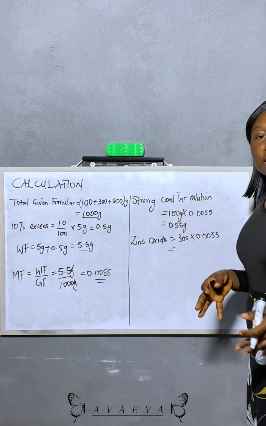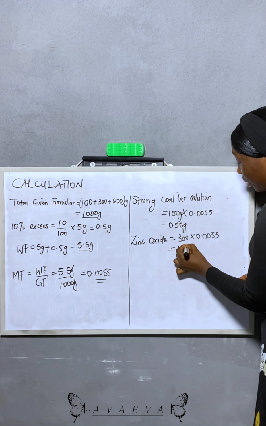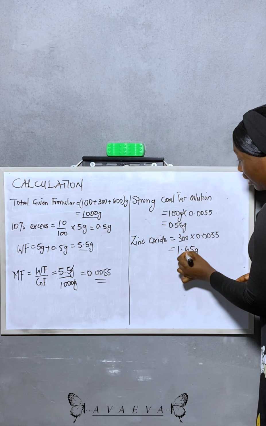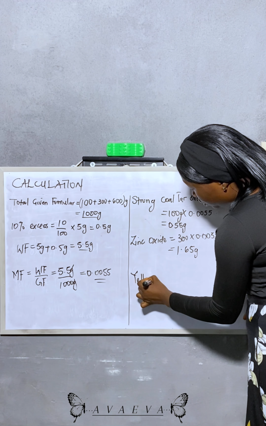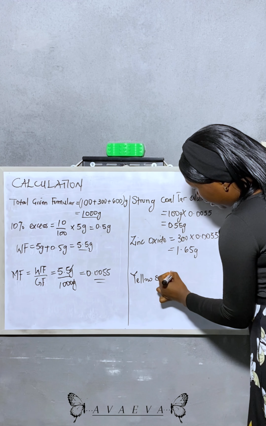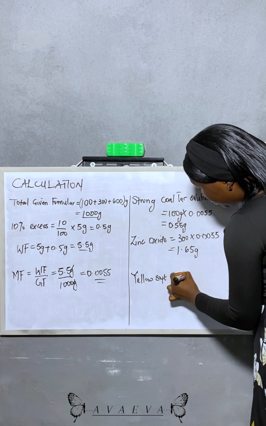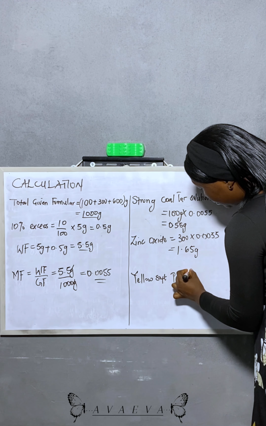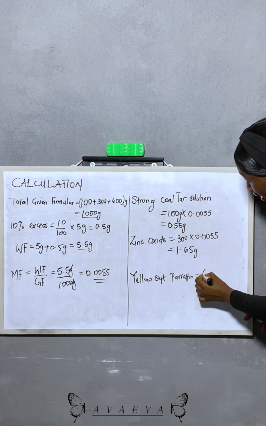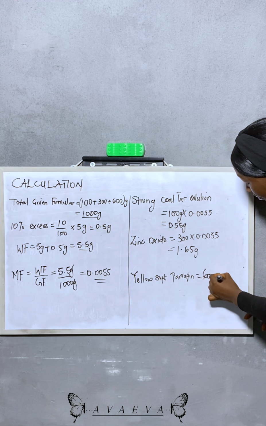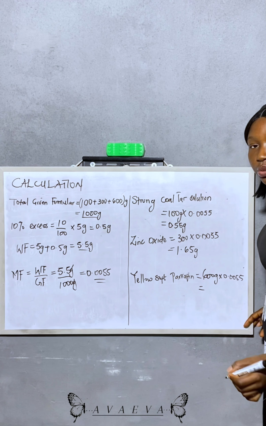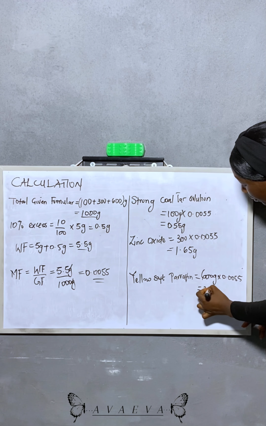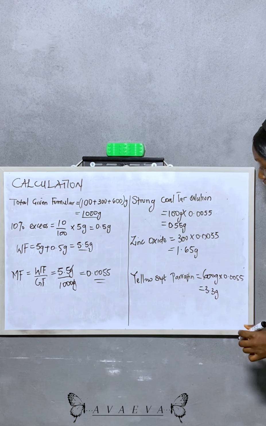Punching this correctly using the calculator, we have 1.65 grams. And lastly, we have yellow soft paraffin, 600 grams times 0.0055. Here we'll have 3.3 grams.